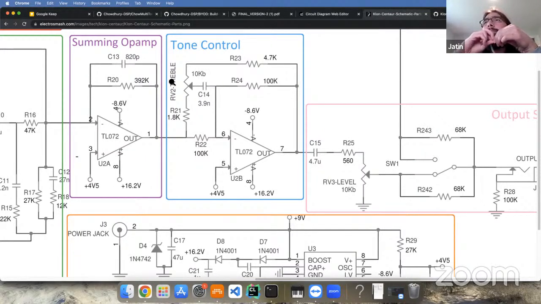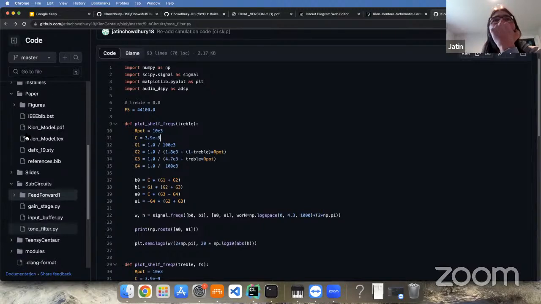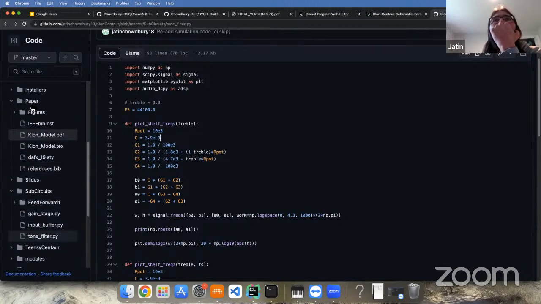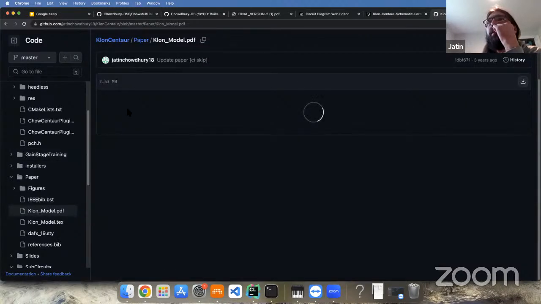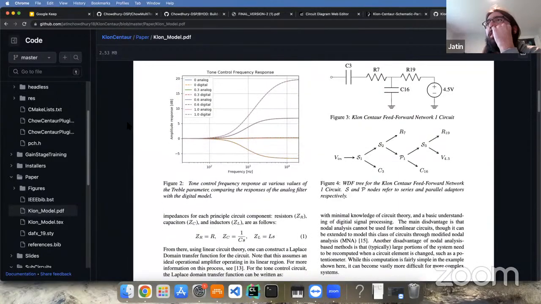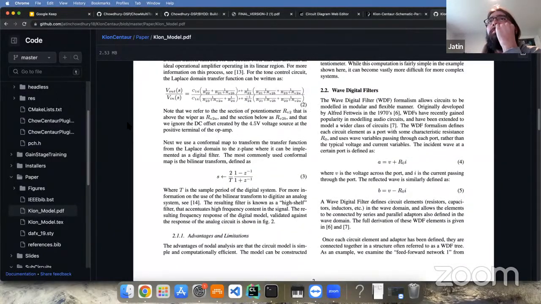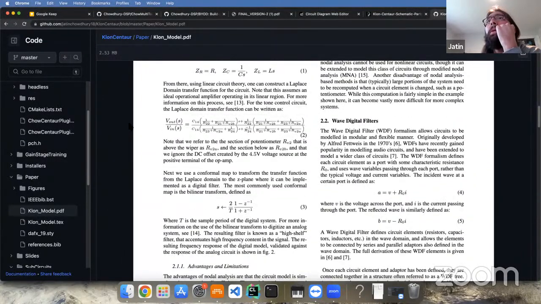I feel like I had it written down somewhere, and now I don't remember where. Did I go through it in the paper here? I think I did actually. Oh, here we go. Yeah, okay. So this is the Laplace domain.